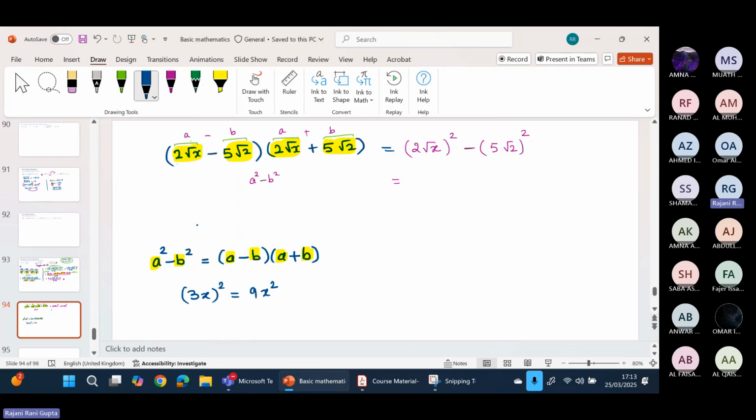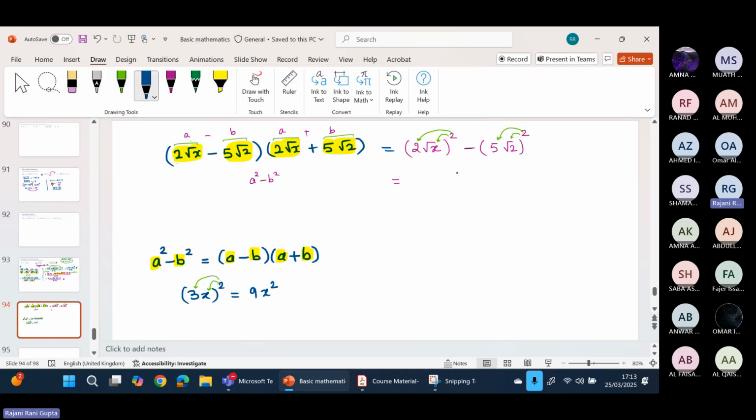Correct. How do you get it? You take this 2 with x and you take this 2 with 3. Correct? Same thing you have to do here. Take this 2 with root x, it will be 4x minus 25 times 2. Correct. Exactly. The same thing.